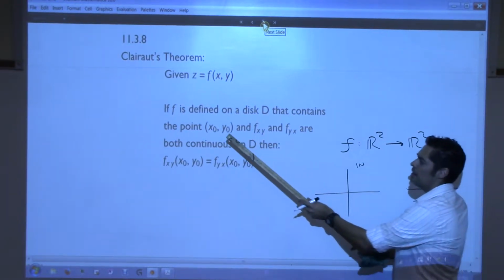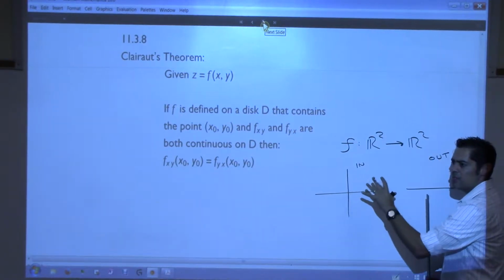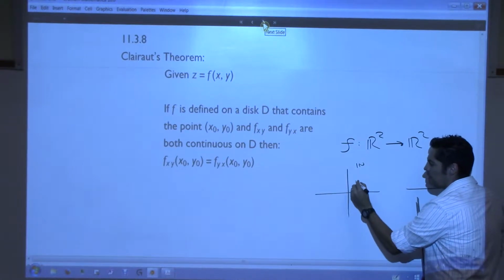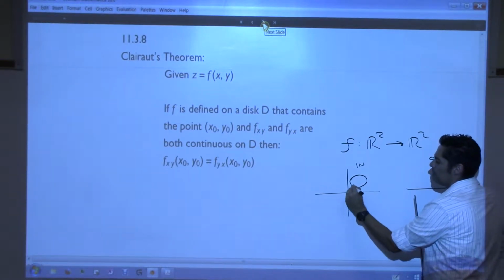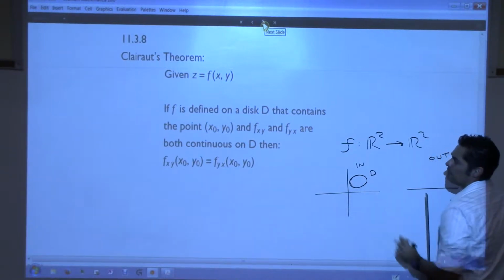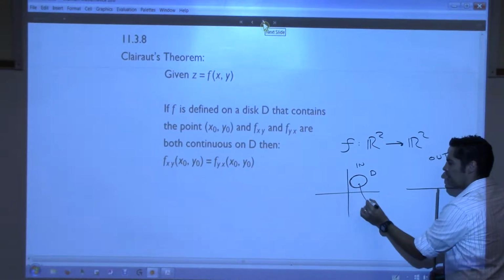This is saying that if your function is defined on a disk, so defined means talking about domain. If you look at a little disk in here, we'll call that disk D, and there's a point in here called x naught, y naught.